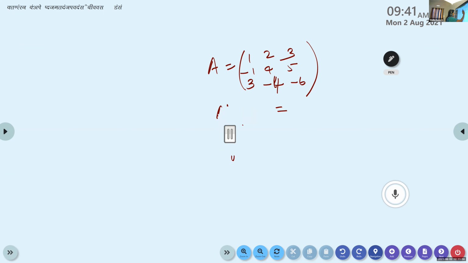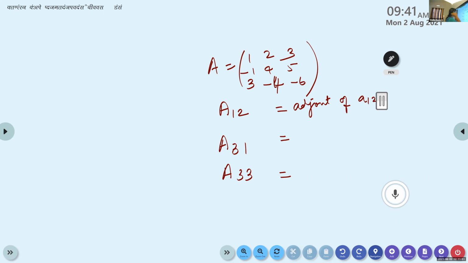Instead of this I'll give the notation. Find capital A12, find capital A31, find capital A33. A12 means the cofactor of the element small a12, isn't it? Find out and give me what is the cofactor of a12.